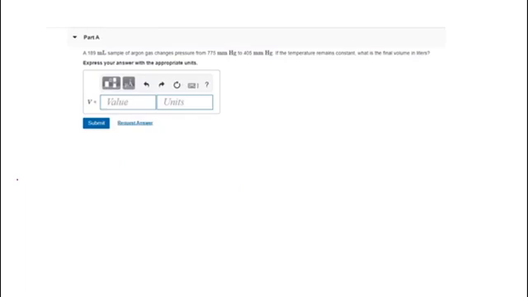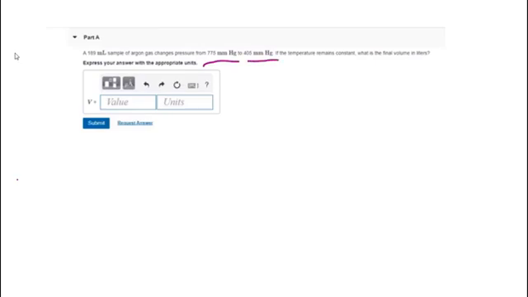All right, so if we look at this sample problem from your homework, we are told that a 189 milliliter sample of argon gas changes pressure from 775 millimeters of mercury to 405 millimeters of mercury.